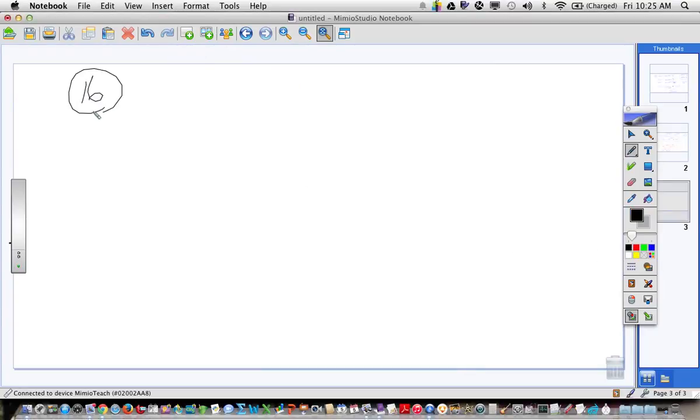Number 16. What's that one? t cubed cosine t, and it would be to the 1/2 power, correct? It's a square root of it. So that would all be to the 1/2 power, and so this to me is the u to the n rule.